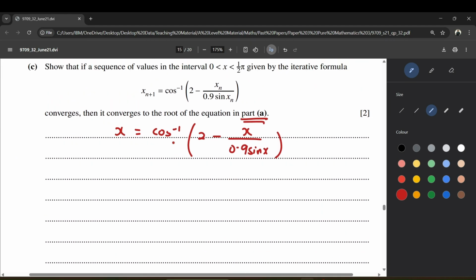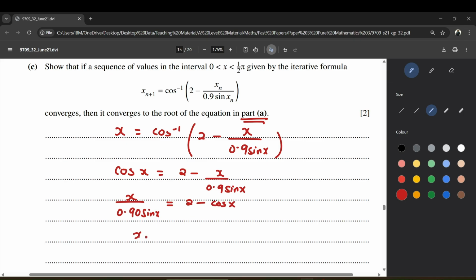All right. So first of all, this is cos inverse, so I'm going to take that to the other side. So this becomes cos x equals 2 minus x over 0.9 sine x. Now I can take cos x to this side and this expression to the other side. So this will be x over 0.9 sine x equals 2 minus cos x.